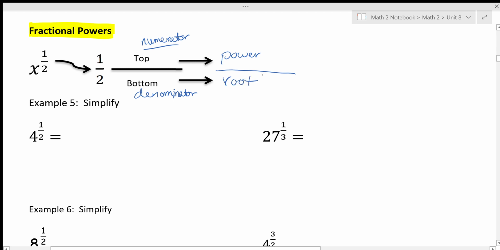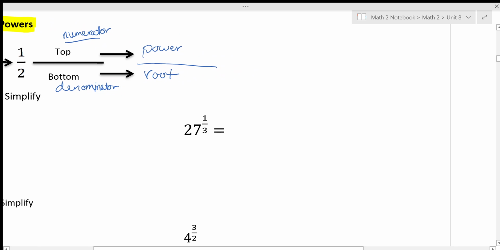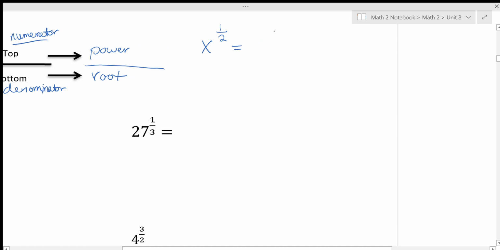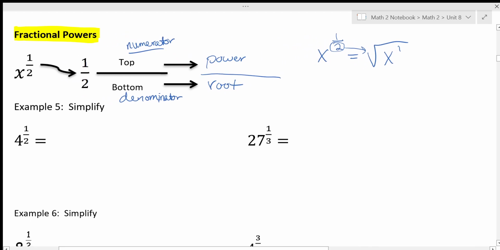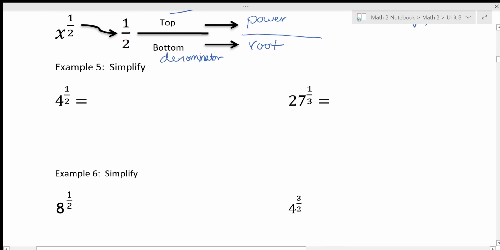In this one, we have a 2 on the bottom, so x to the 1/2 would simplify to the square root of x to the first power. So whatever the number on the bottom is goes out in front of your root. But we know that a radical without a number is the square root. So it's a little complicated. It's going to take a little bit. Let's look at some examples, and then we'll talk about it in class as well.